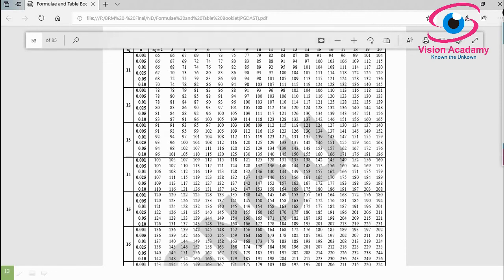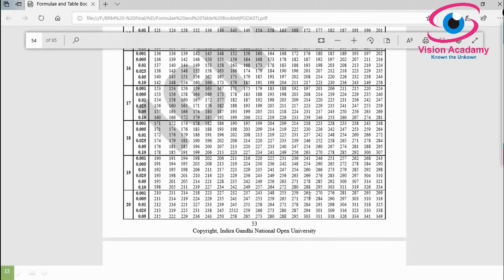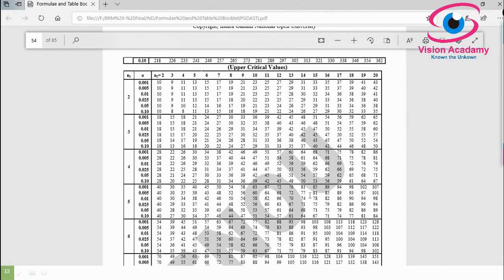Then let us go for the upper critical value. Here you can see the upper critical value.